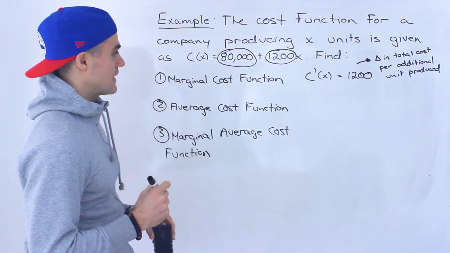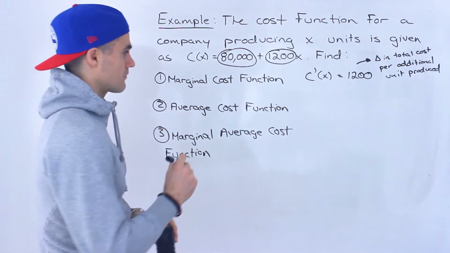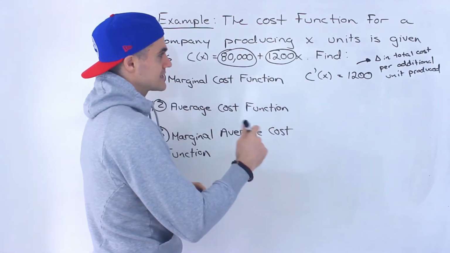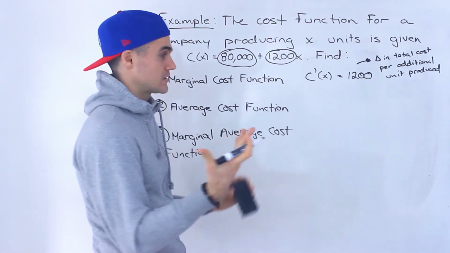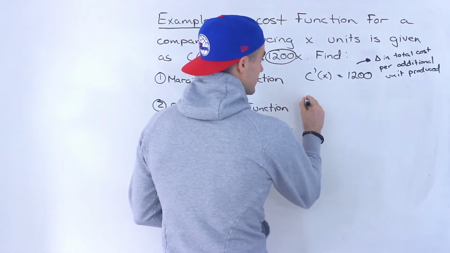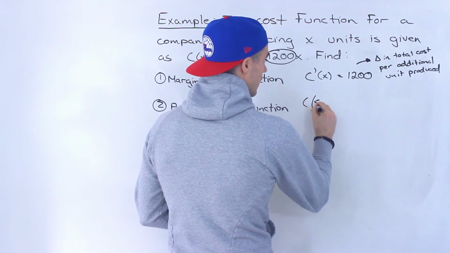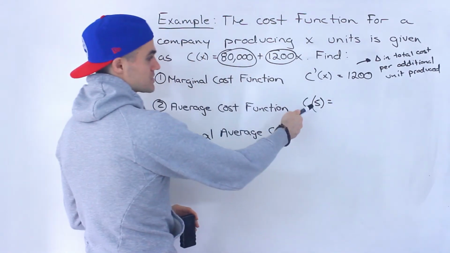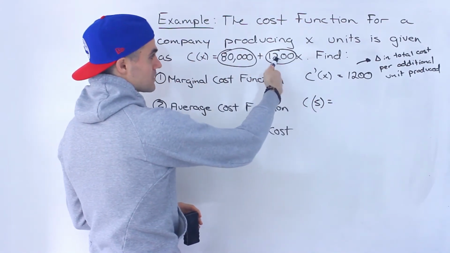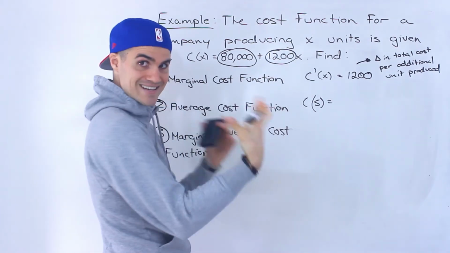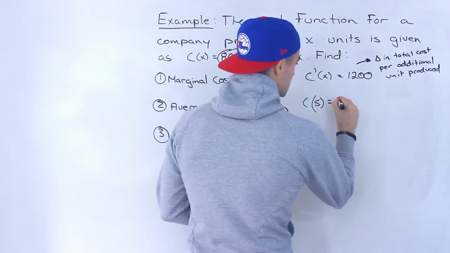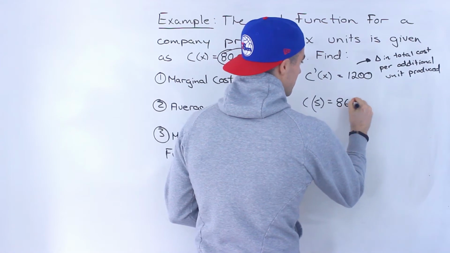Now, number two, the average cost function. Now, the way you get the average cost, let's say that we produce 5 units. So what would be the total cost of producing 5 units? Well, we would just plug in 5 for this X value. So then we have 1,200 times 5, which is 6,000, plus the 80,000, which is 86,000.